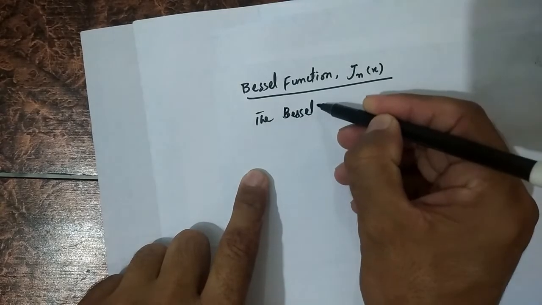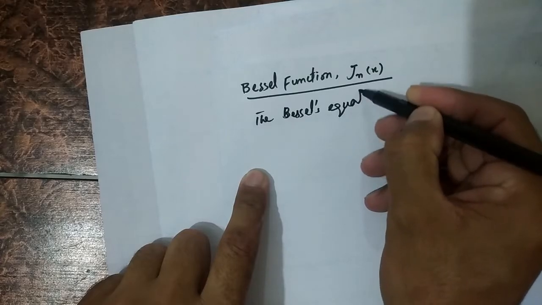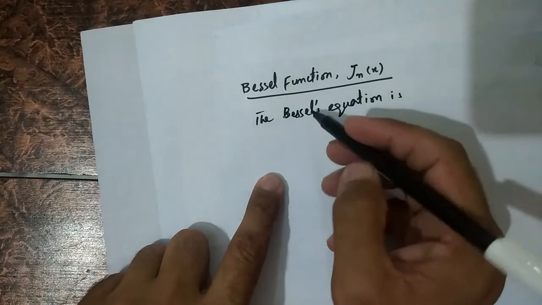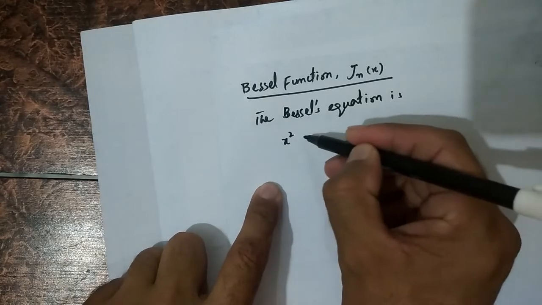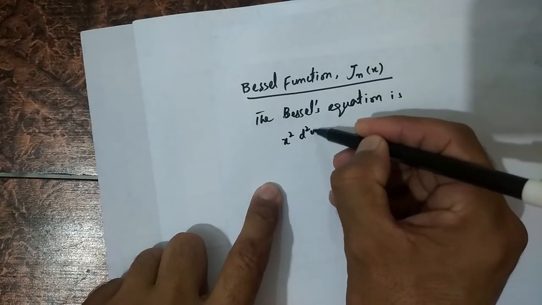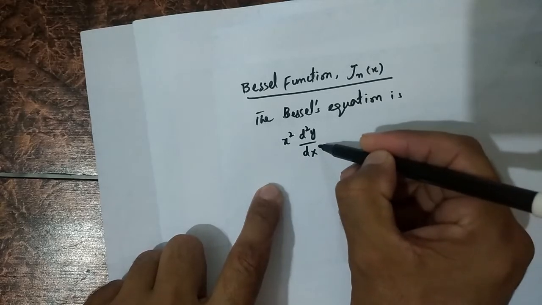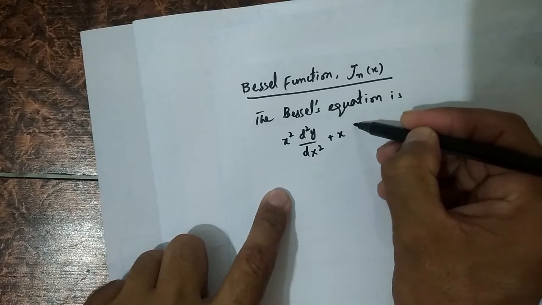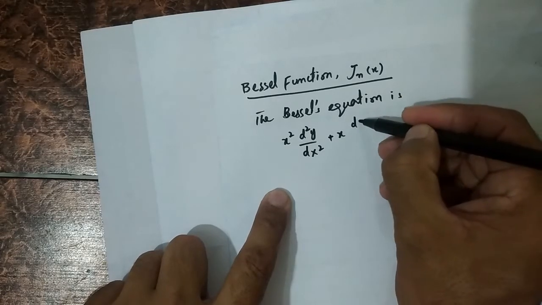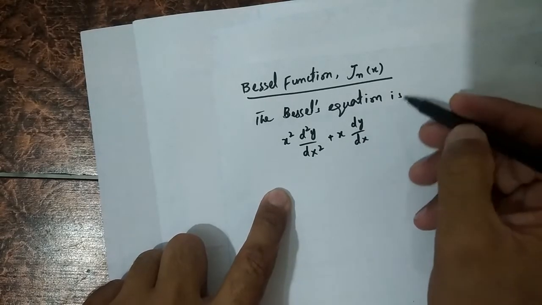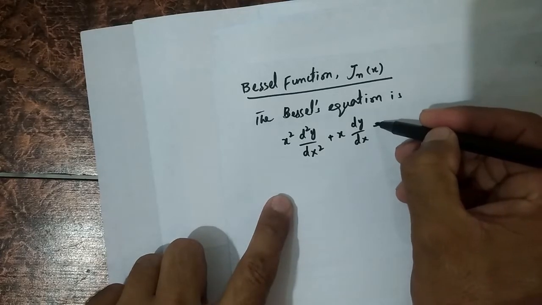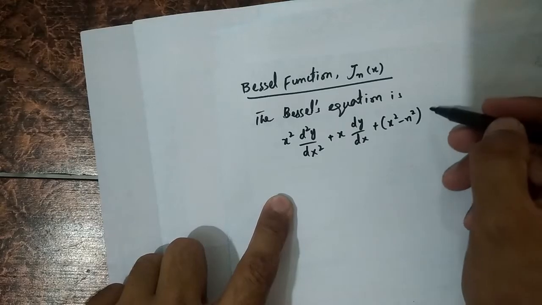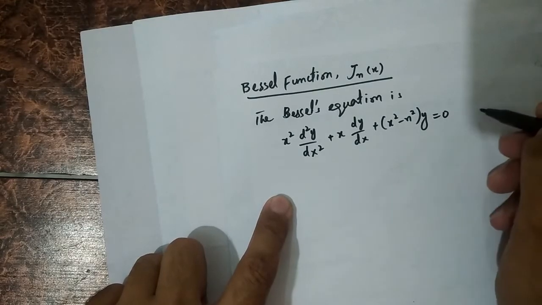Bessel's equation is given as x square d square y upon dx square plus x into dy upon dx plus x square minus n square into y, which is equal to 0.